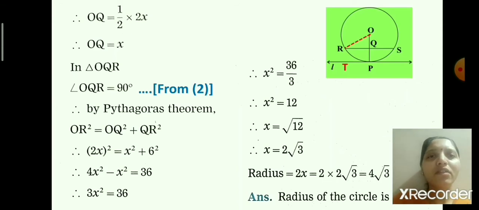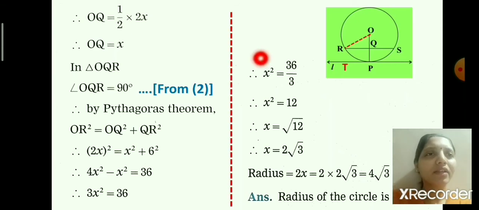Therefore 3x square is equal to 36. Therefore x square is equal to 36 upon 3, so here you will get 12.